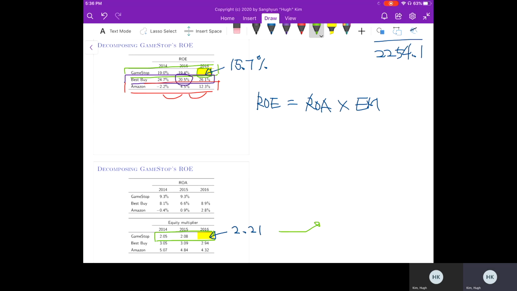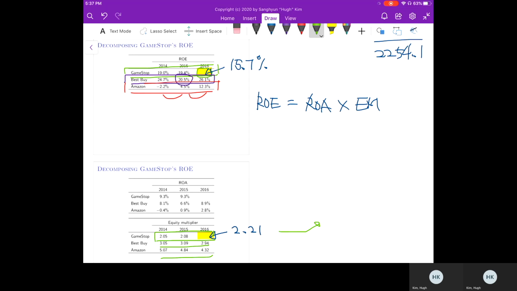So a very small increase of the equity multiplier. And also what you can see is that compared to Best Buy and Amazon, GameStop is relatively moderately leveraged. Best Buy and Amazon had greater financial leverage, which may explain some of the difference between GameStop's ROE and Best Buy's ROE. Leverage tends to increase ROE.